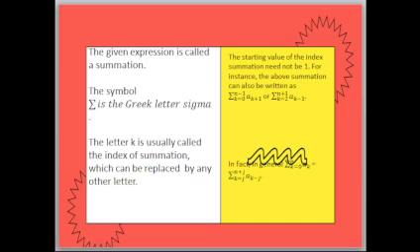In fact, in general, the sum from k equals 0 to n of A sub k is equal to the sum from k equals j to n plus j of A sub k minus j.